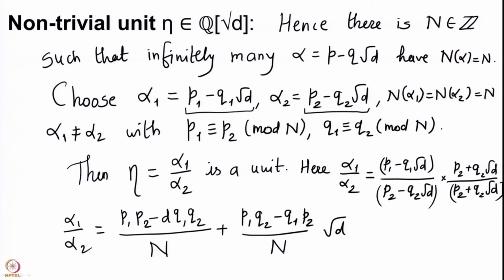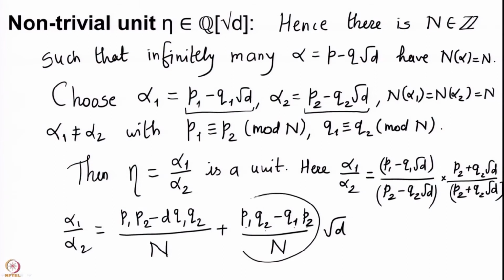Now, since P1 is congruent to P2 mod N and Q1 is congruent to Q2 mod N, we have that P1 Q2 is congruent to Q1 P2 modulo N, and therefore, this is an integer.